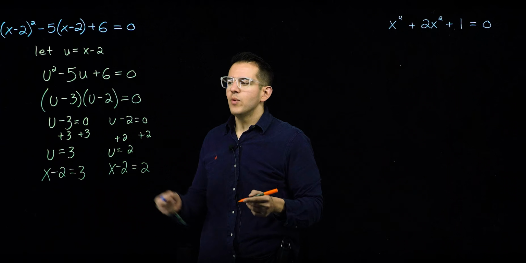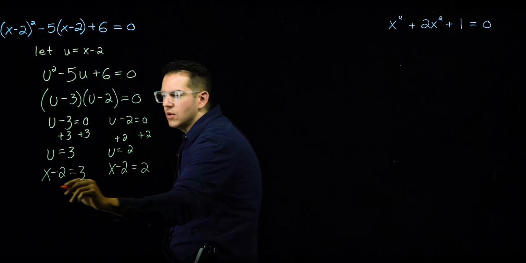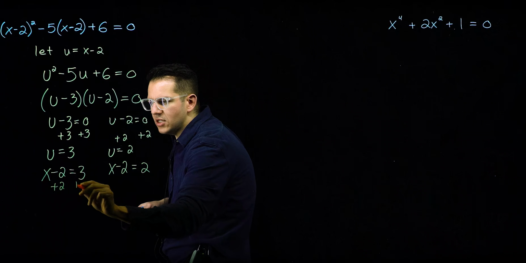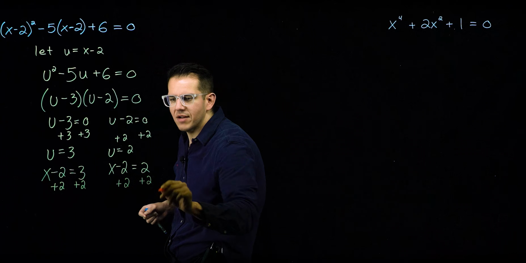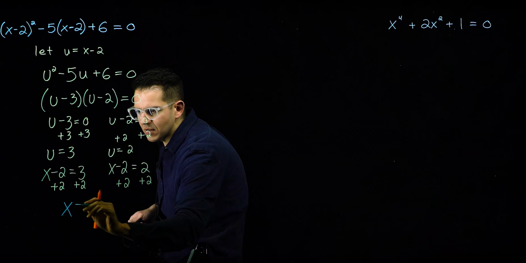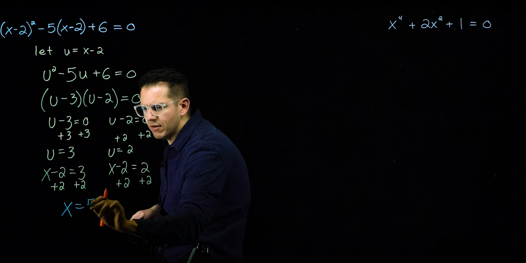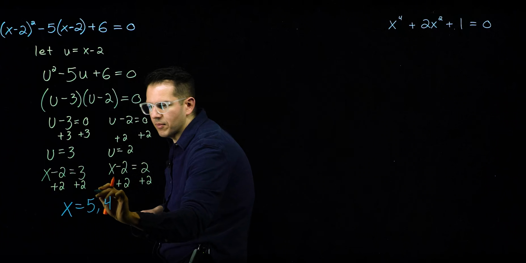And now we can finally solve for x in each case. We'll add 2 to each side of the equation here, and add 2 to each side of the equation here to get x equals 5 and x equals 4.